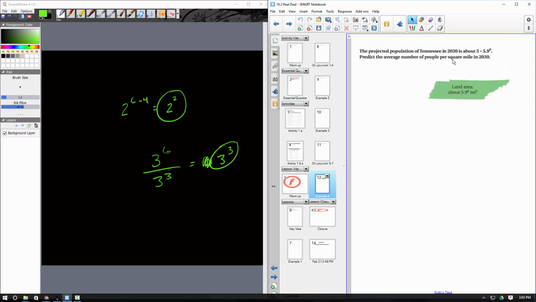If we're looking at this land in Tennessee, where there's in 2030 about 5 times 5.9 to the 8th power, predict the average number of people per square mile. Well, this is a square mile right here, is 5.9 to the 6th. So let's try this out real fast.